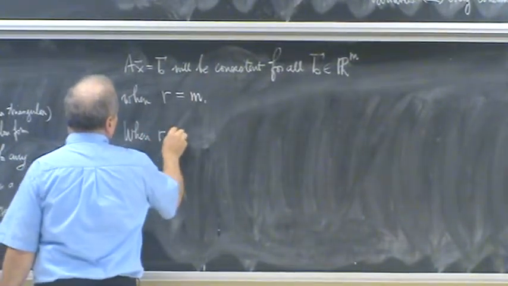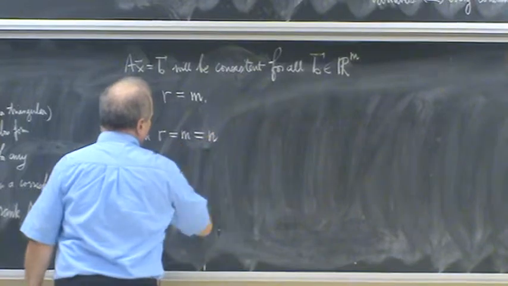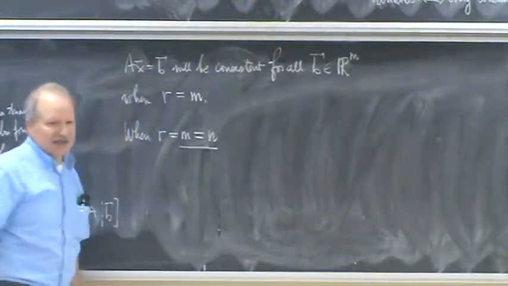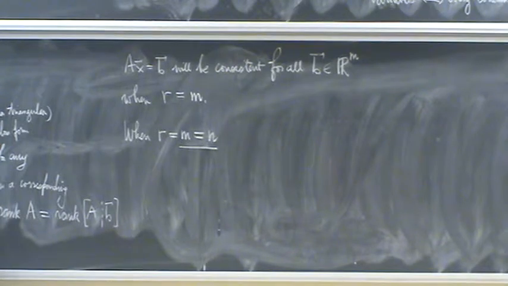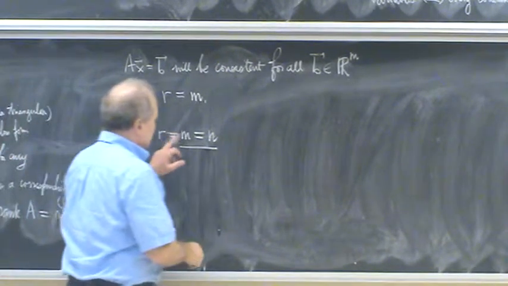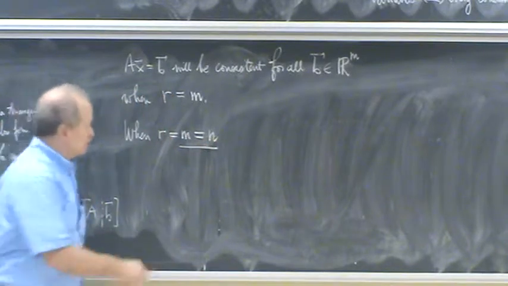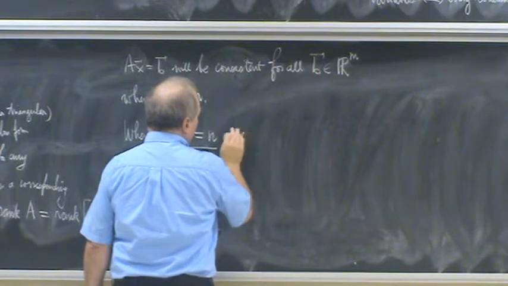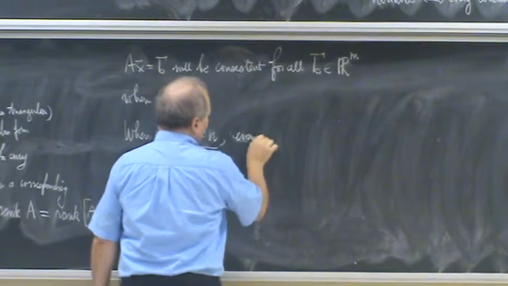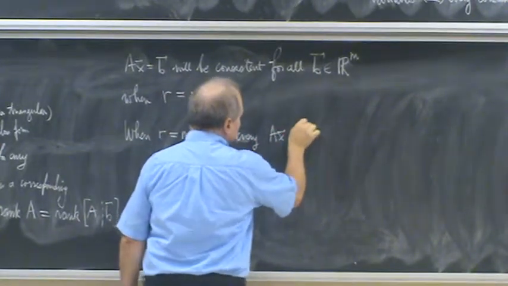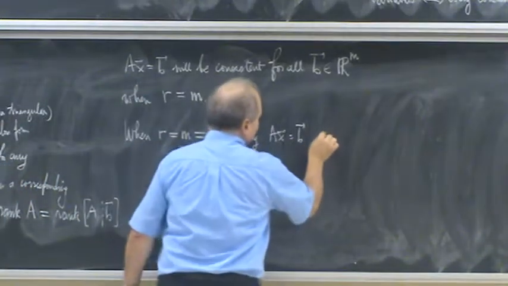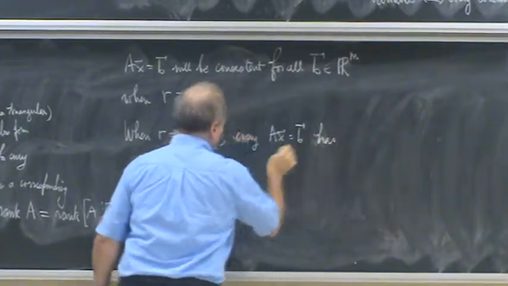In other words, we're starting with square matrices, right? m equals n. And if the rank is equal to the number of rows, every AX equals B is consistent and has a unique solution.